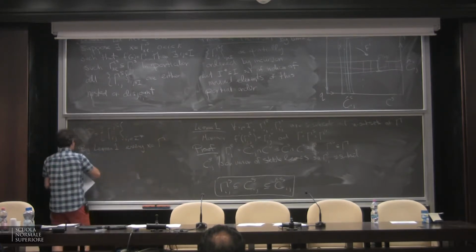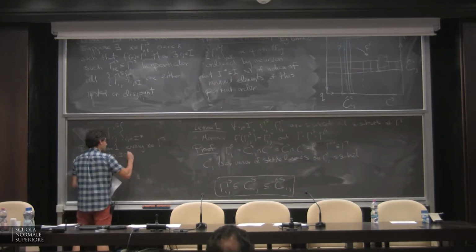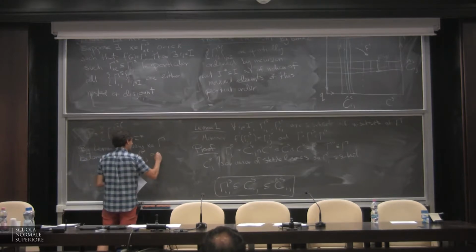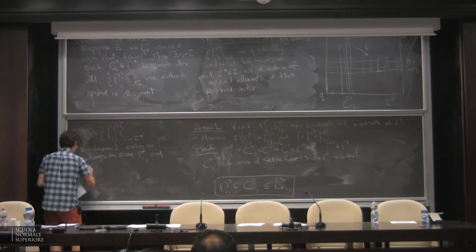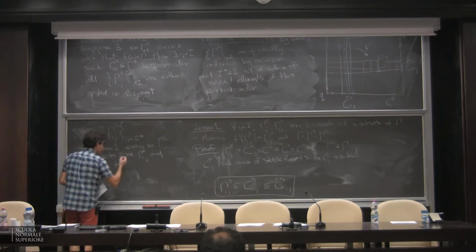By lemma 1, every x in gamma belongs to some gamma Sij, and therefore to some maximal element.